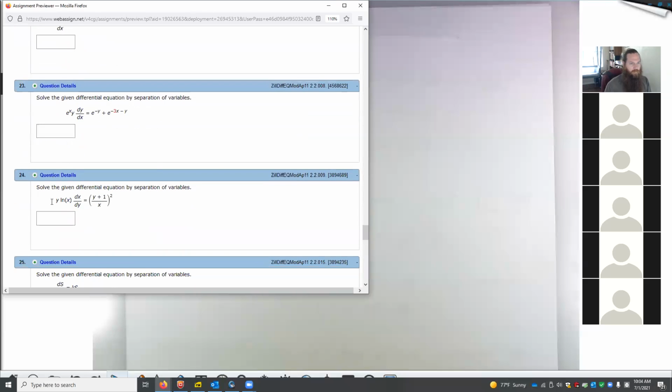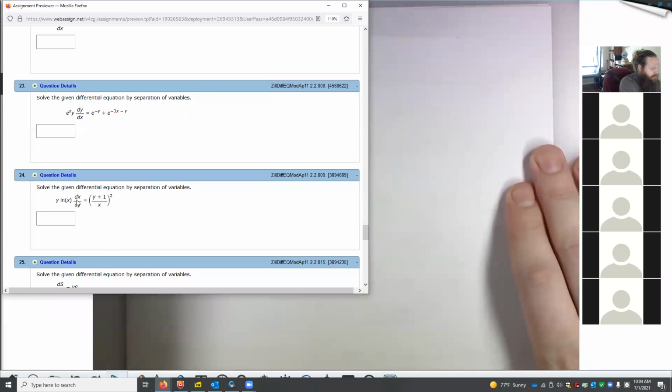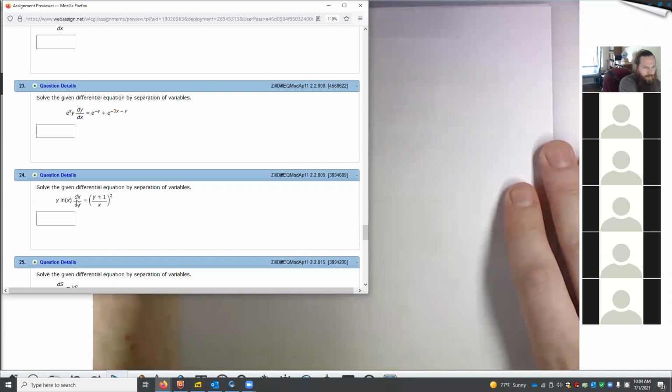So here they want to solve the separable equation y ln x dy/dx equals quantity y plus 1 over x, all squared.